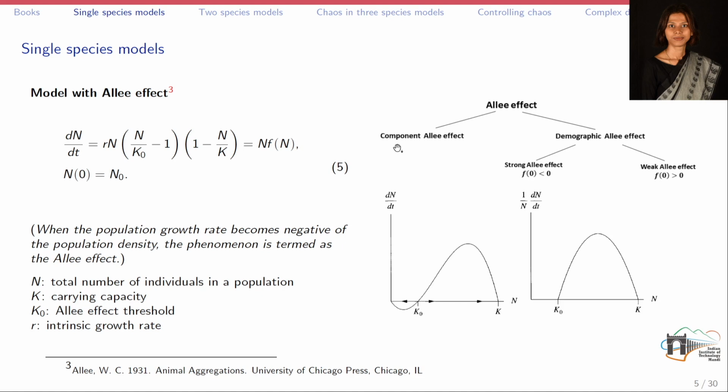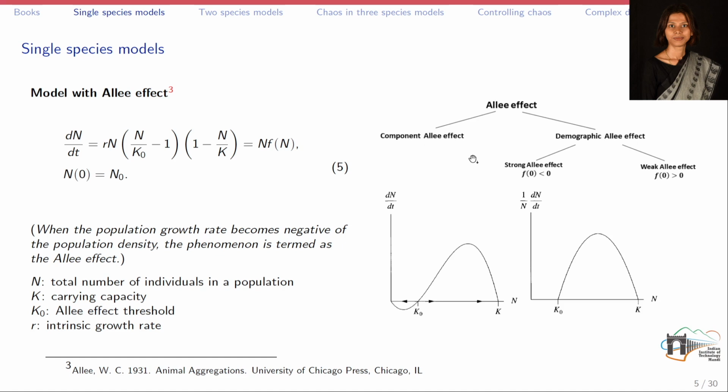So what is the component Allee effect? Allee effect is categorized into two types depending upon whether the decline in individual fitness at low population densities concerns a fitness component or the overall fitness. If only one fitness component of the population is affected, this is termed as component Allee effect.